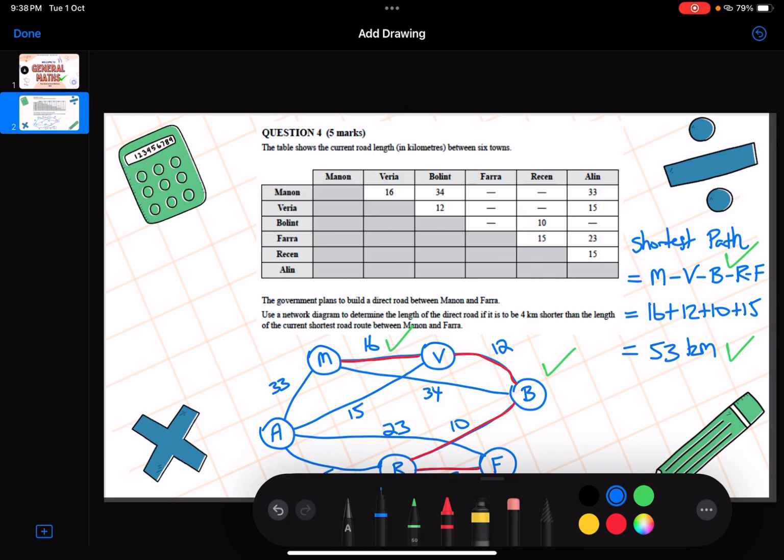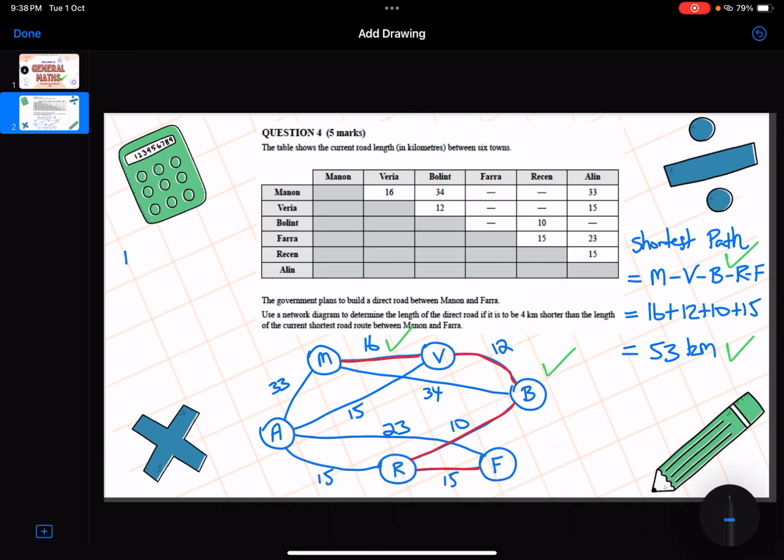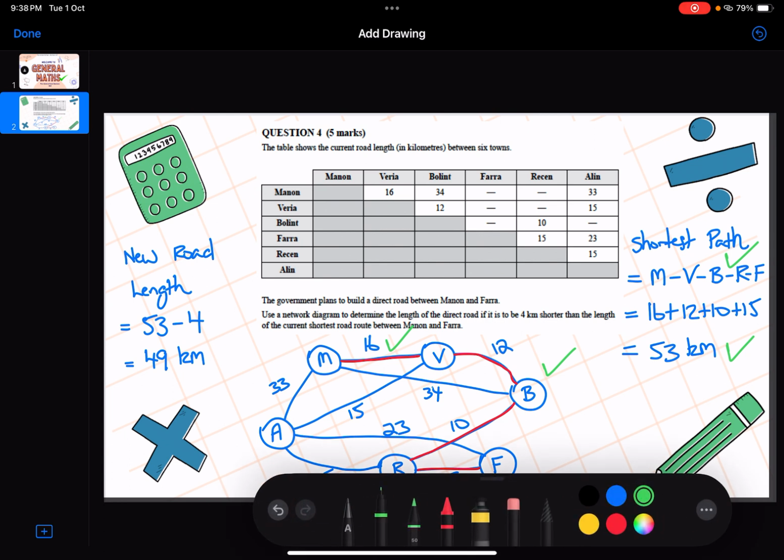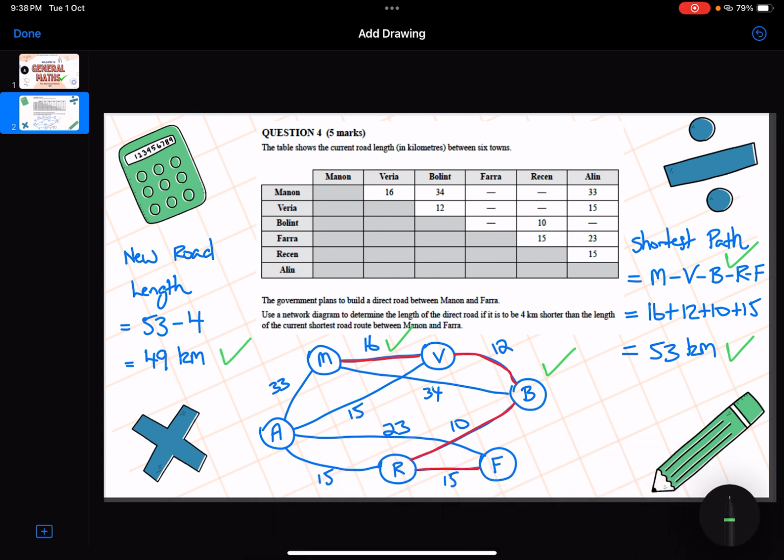So the new road length is going to equal that 53 kilometres, subtract the 4 because it's got to be 4 kilometres shorter. So it's actually going to be 49 kilometres long, that new road. And that is going to be our 5th mark.